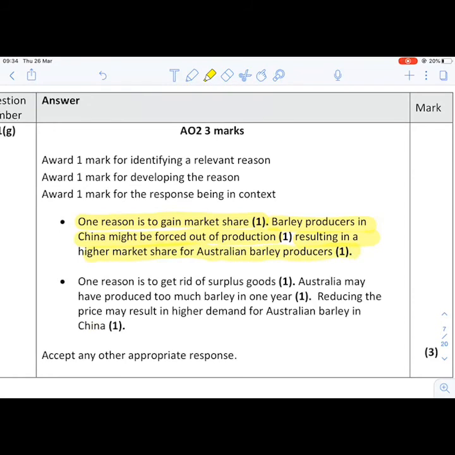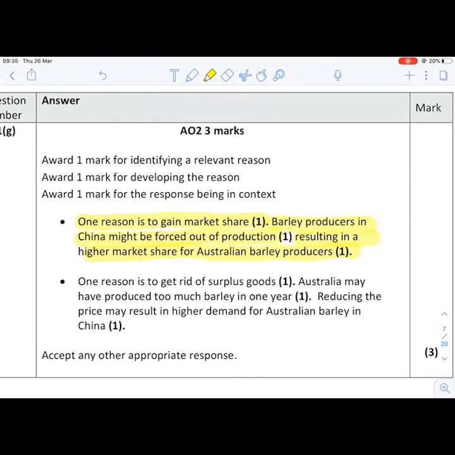Okay, an alternative answer could be that the Australian farmers just grow too much barley, so much that they can't sell all the barley within Australia. Therefore, they want to get some money for the barley, because if they don't get any money, then their losses are going to be of a higher amount.